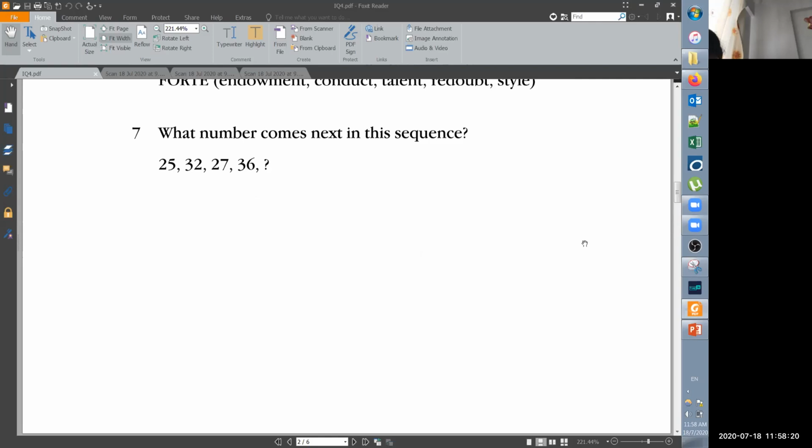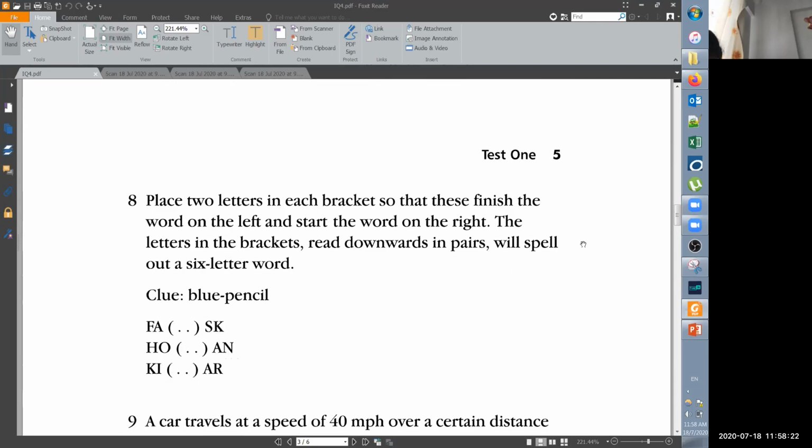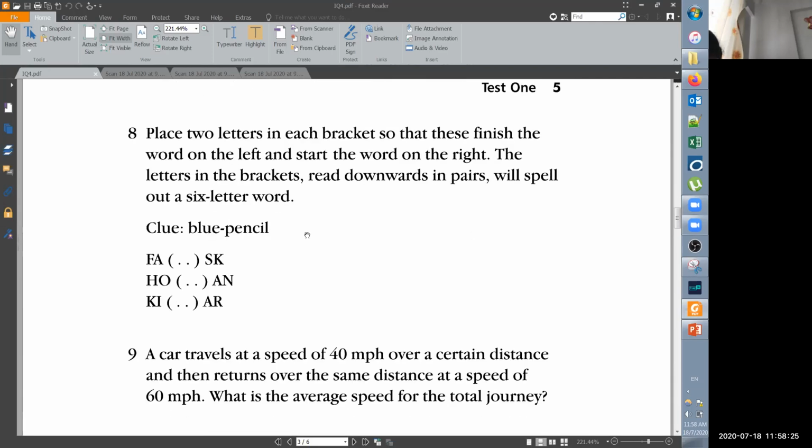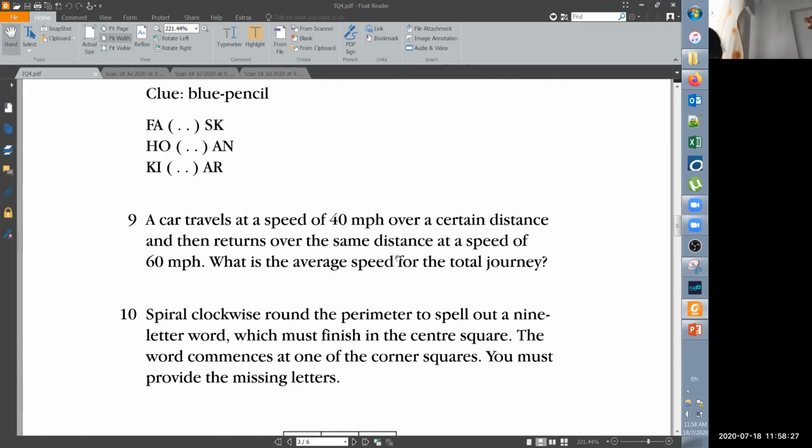Next. Question 8 not needed, it's English. Okay, question 9. So what's the average speed? Do you know?